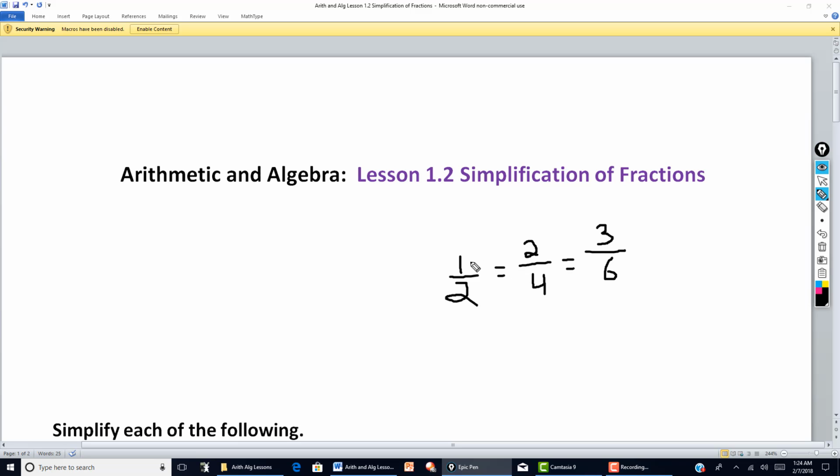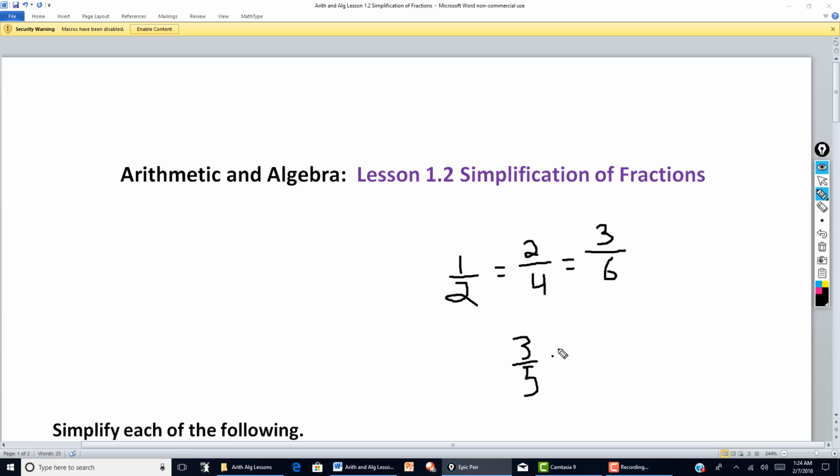If I multiply the first fraction by 3 in the numerator and 3 in the denominator, I get the third fraction over here. So basically, I'm allowed to multiply the numerator and the denominator of the fraction by the same number, and whatever fraction I get is going to be equal to the original one. The reason for that, let me take a different one, say 3 over 5.